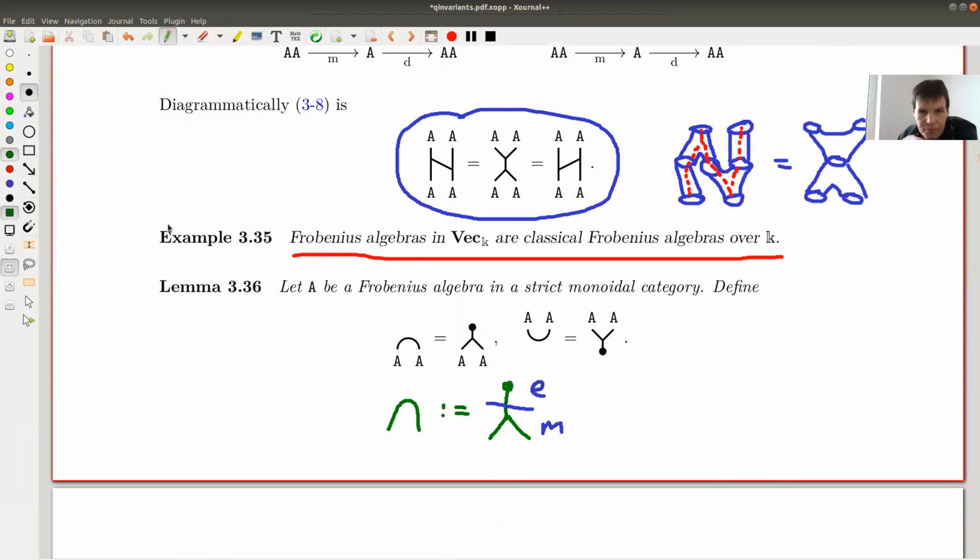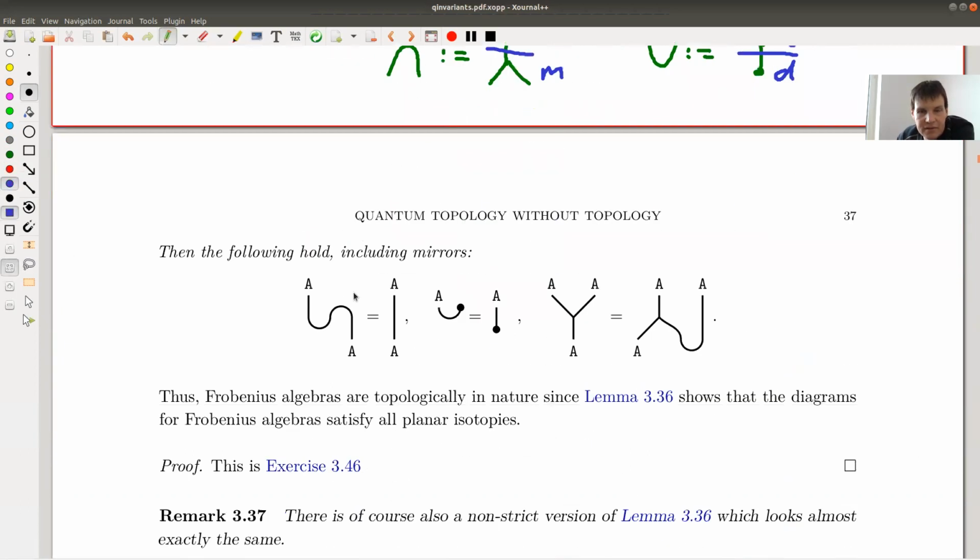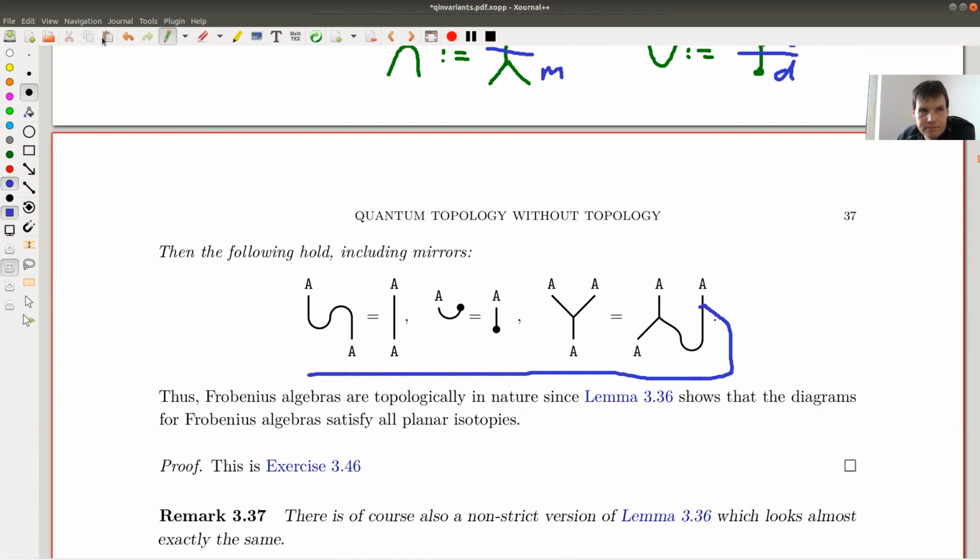And of course, the opposite way around, you can define a cap as a co-multiplication, D, flanked by the unit I. And then, as an exercise, prove that now we get all those topological relations, for example those ones here.